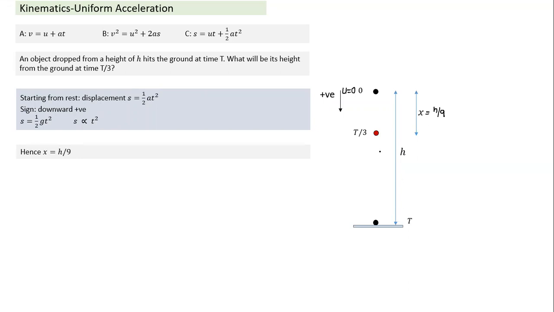Okay, that's what I need. X will be h by 9. Had it been t by 4, it would be h by 16. So the height from the ground would have been 15h by 16. Had it been t by 2, it would have fallen a distance of h by 4. So the height from the ground will be equal to 3h by 4. Okay, Anish?